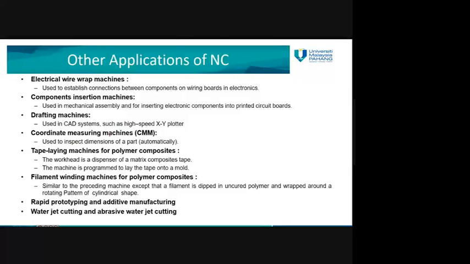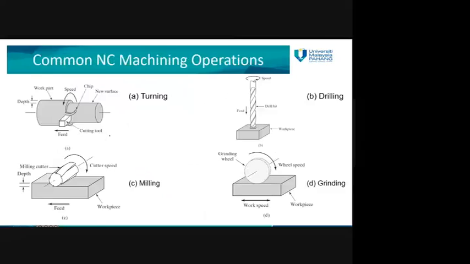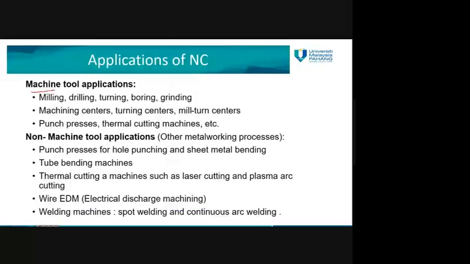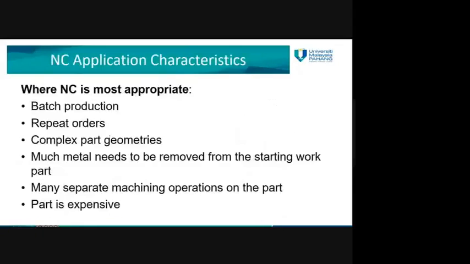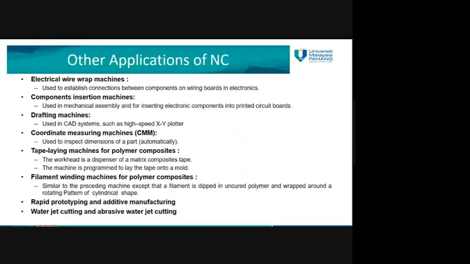Other applications of NC, in addition to the existing NC applications that we mentioned, which depend on machine or non-machine, also include electrical wire wrap machines, component insertion machines, drafting machines, coordinate measuring machines, tape laying machines, laminating machines, rapid prototyping and additive manufacturing, and water jet cutting.